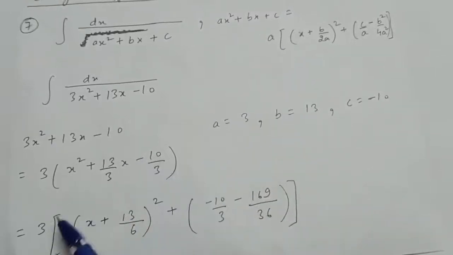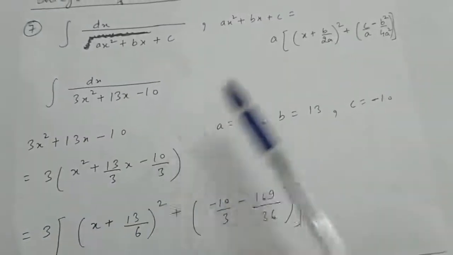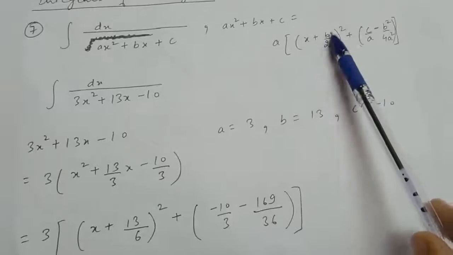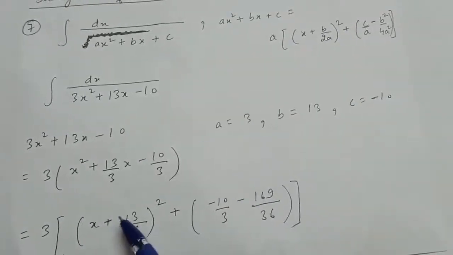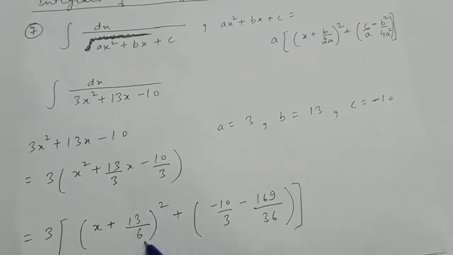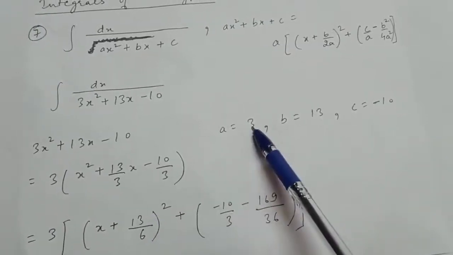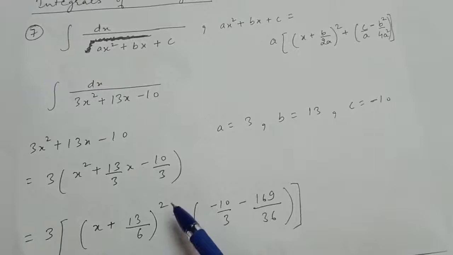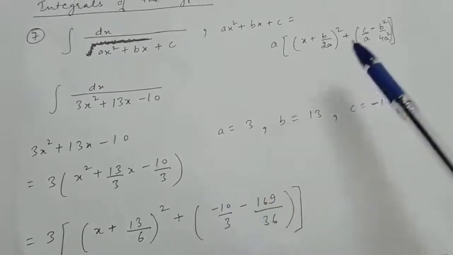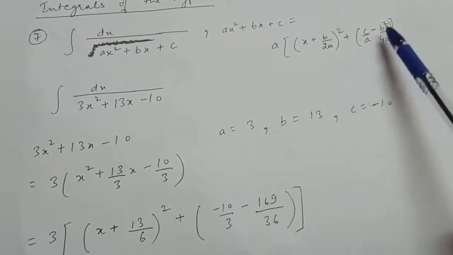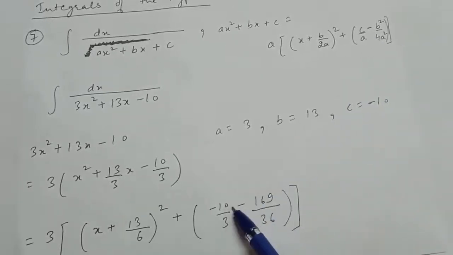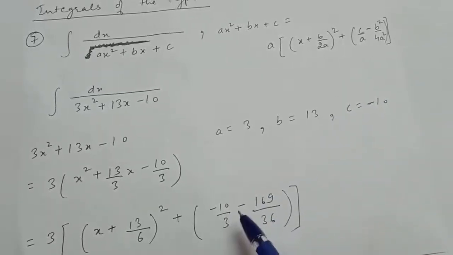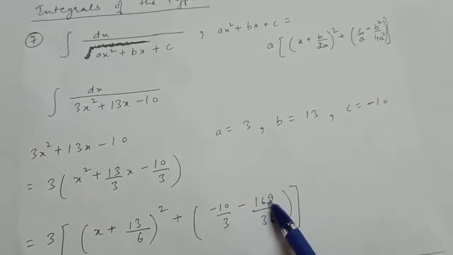Or you can directly apply this formula: a outside into x plus b upon 2a whole square. So x plus b is 13 upon 2a, so 2 into 3 is 6, whole square, plus c upon a minus b square upon 4a square. So c is minus 10 upon a, minus b square is 169 upon 4a square.